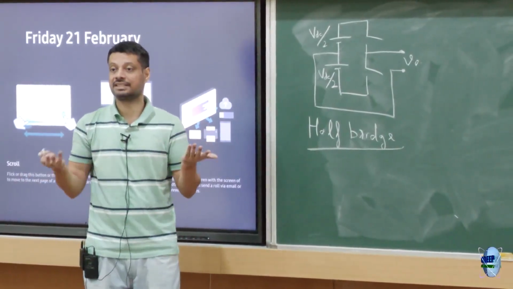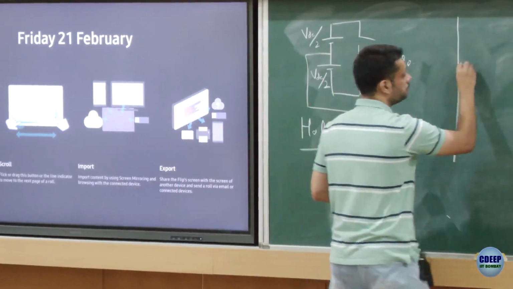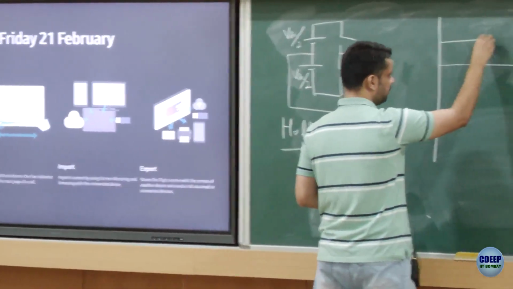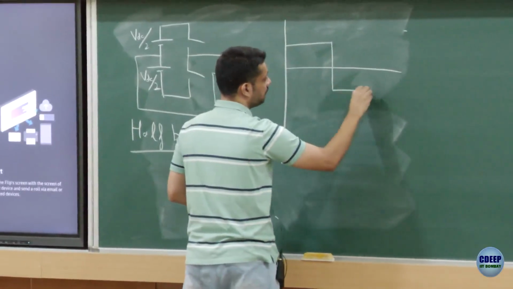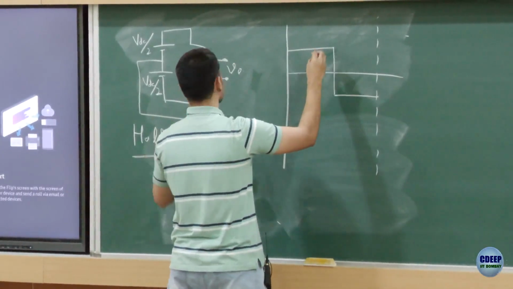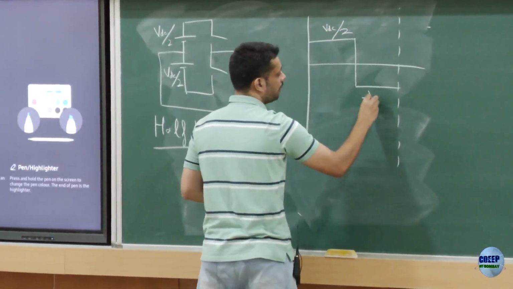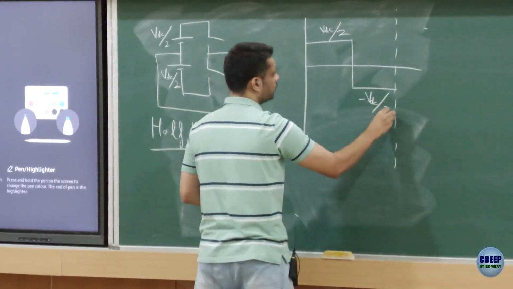Both states are active states. You can have plus, you can have minus, you cannot have zero. Instead of plus VDC, now it is plus VDC by 2, minus is minus VDC by 2.